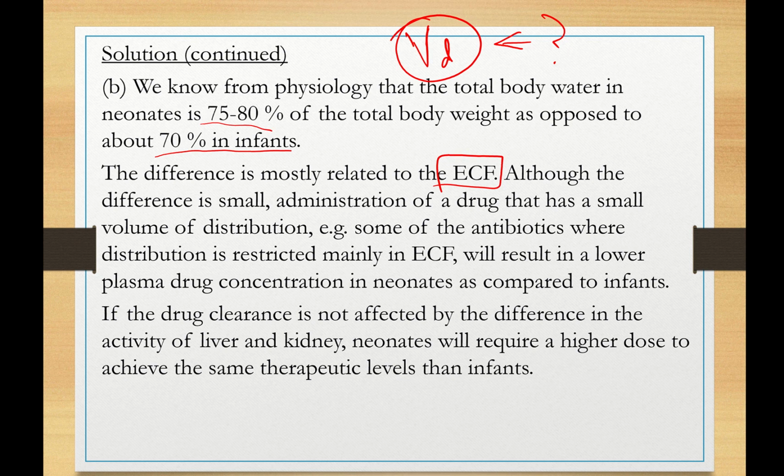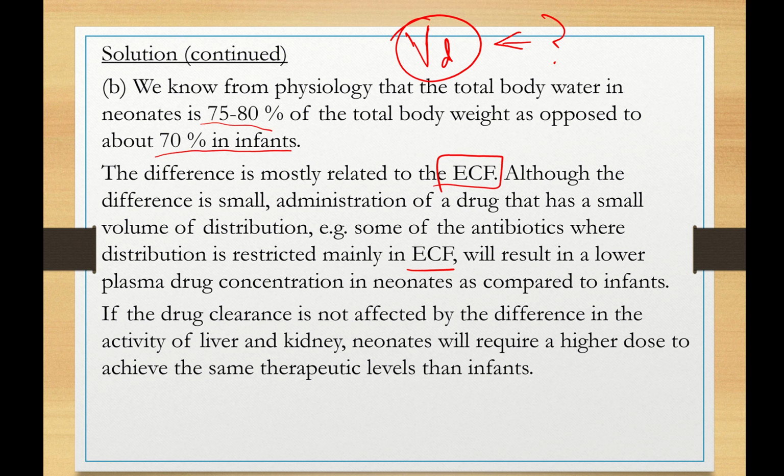So this could be true for specific drugs that have a relatively small volume of distribution. They are distributed mostly into the central circulation and extracellular fluid and interstitial fluid.